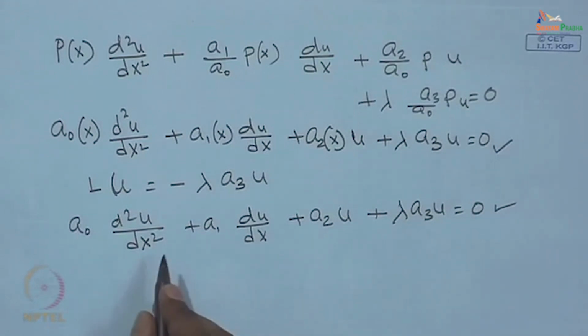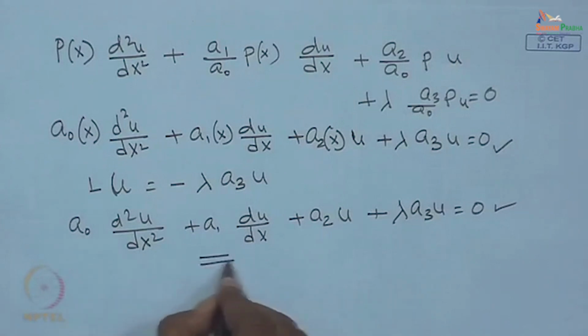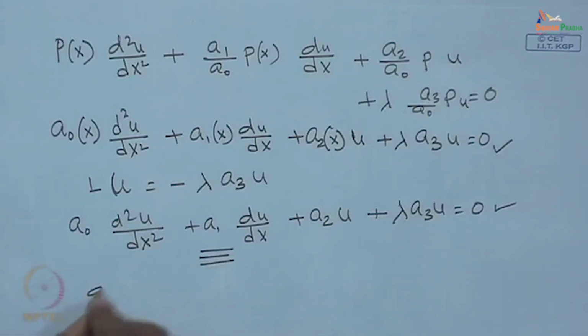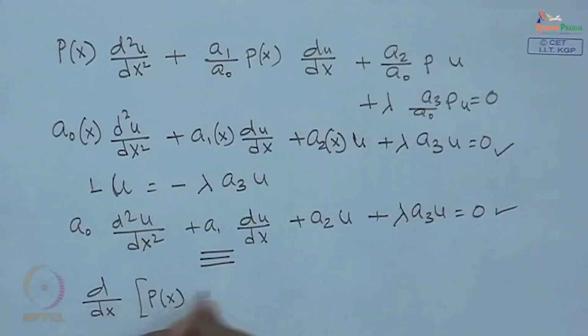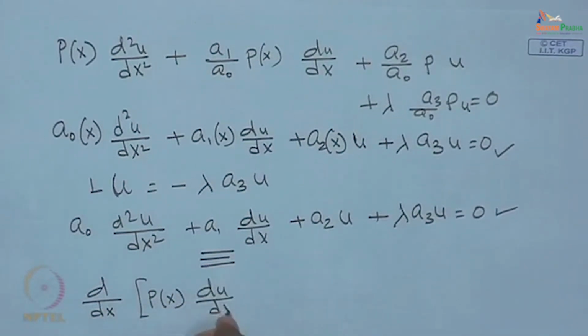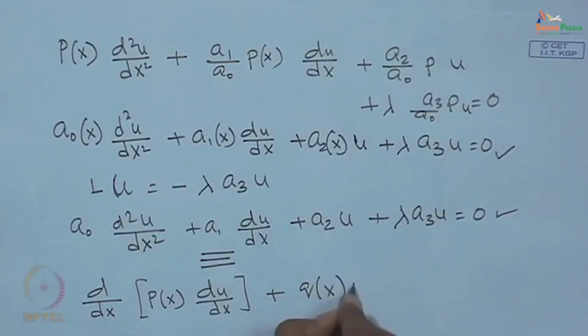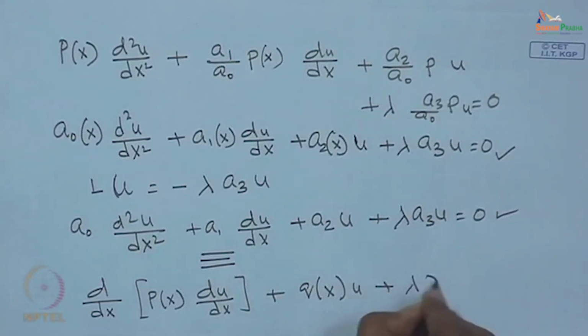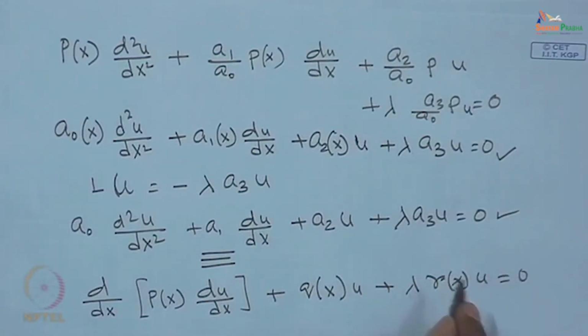So, therefore, this equation can be equivalently written as d/dx of p of x du/dx plus q of x u plus lambda r, which can be in general a function of x, times u.